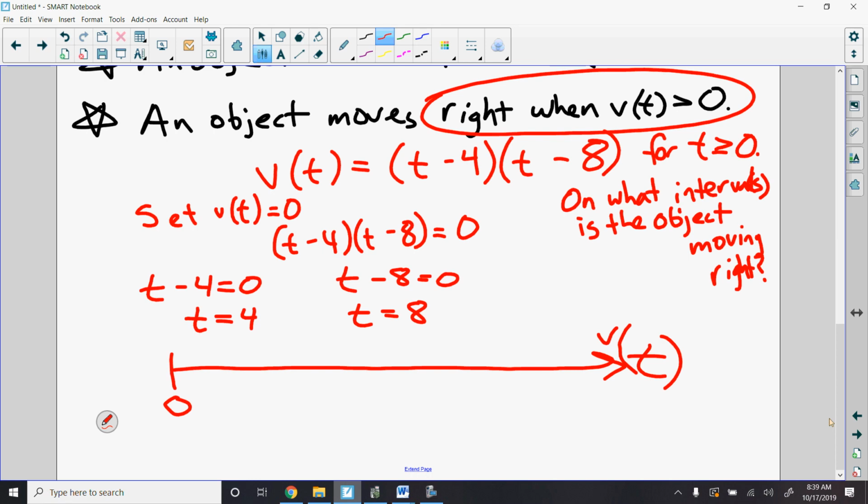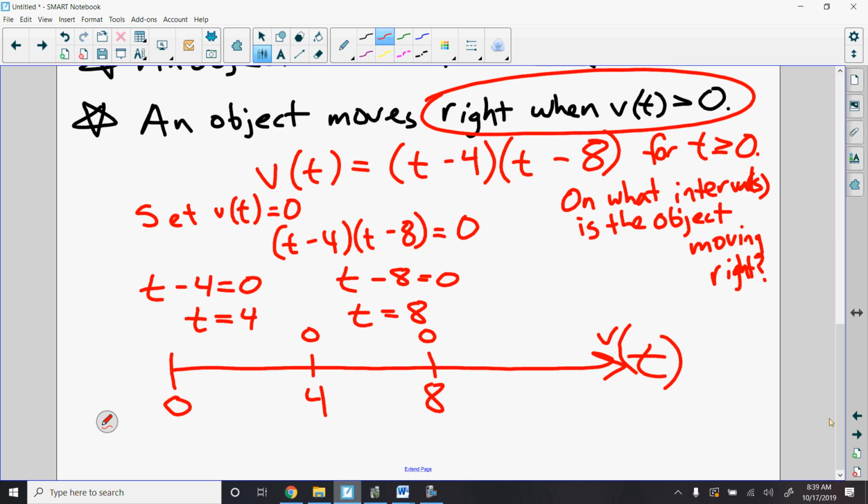I want to plot the two zeros I have: I want to plot 4 and I want to plot 8. I know the velocity is 0 at those places, so we can put a little v of t equals 0 right above them. Those are the only two zeros, so those are the only places that my velocity could change signs.